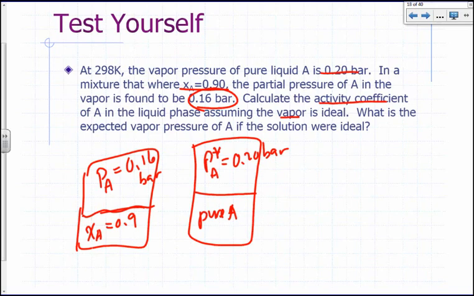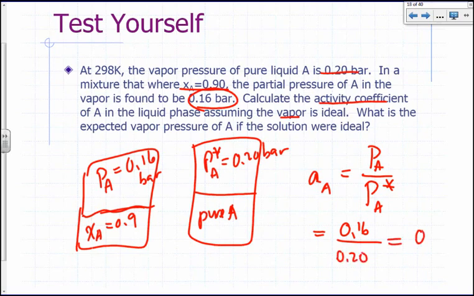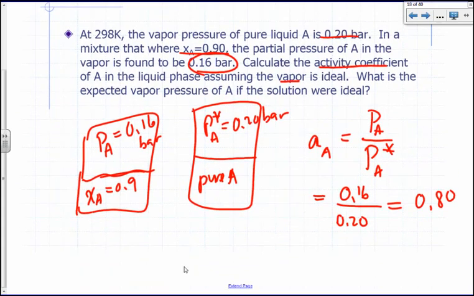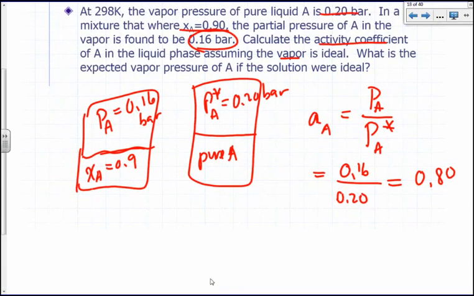All right, so we say that activity is, as we measured earlier, PA over PA star. We calculated this earlier. It's 0.16 over 0.20 bar, so that's going to be 0.80. That's our activity. But what's our mole fraction? Our mole fraction is 0.90. So we say our activity is gamma times our mole fraction.